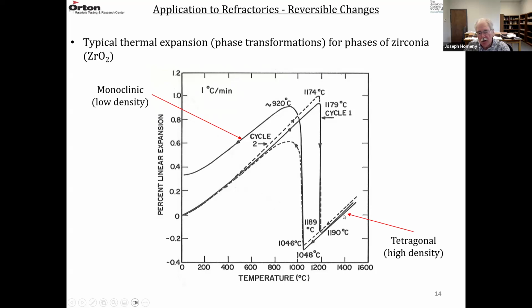And if you keep heating it, you then have normal linear expansion. But when you cool it down, at about 1048, the tetragonal transforms back to monoclinic. There's a volume expansion, and once that transformation takes place, you have normal linear expansion. There's an offset here because you formed microcracks. So this phase transformation for zirconia is very disruptive to the microstructure also.